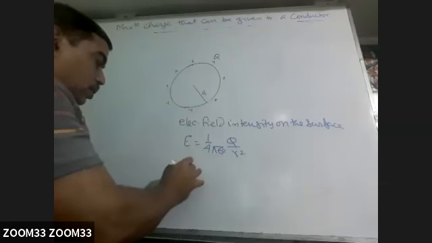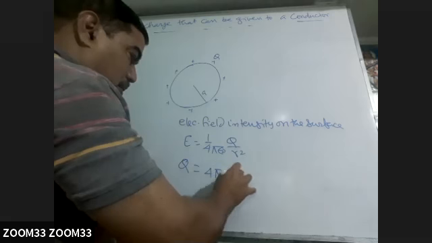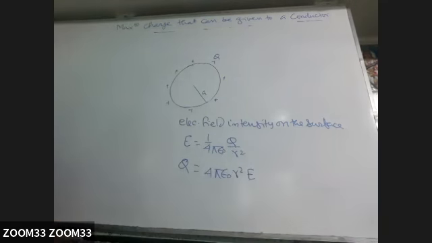So this Q is 4 pi epsilon naught R square E. So this much charge we can give.